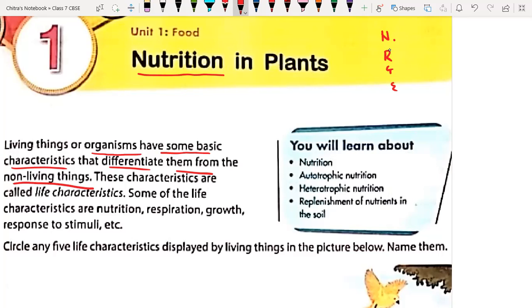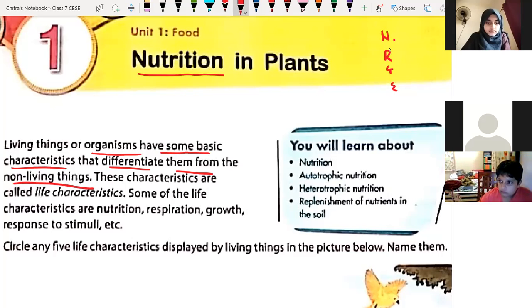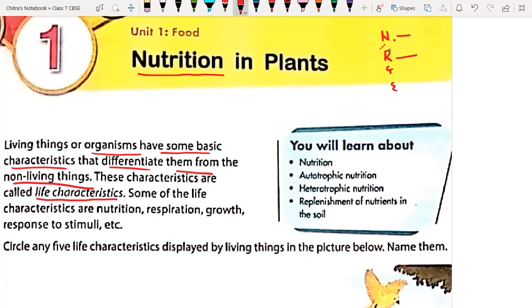These characteristics are called life characteristics or life processes, and we discuss the 7 life processes: nutrition, reproduction, growth, excretion, respiration, and then movement or motion. These different life processes are performed only by living things, not by non-living things. So this is the basic difference between living and non-living things.